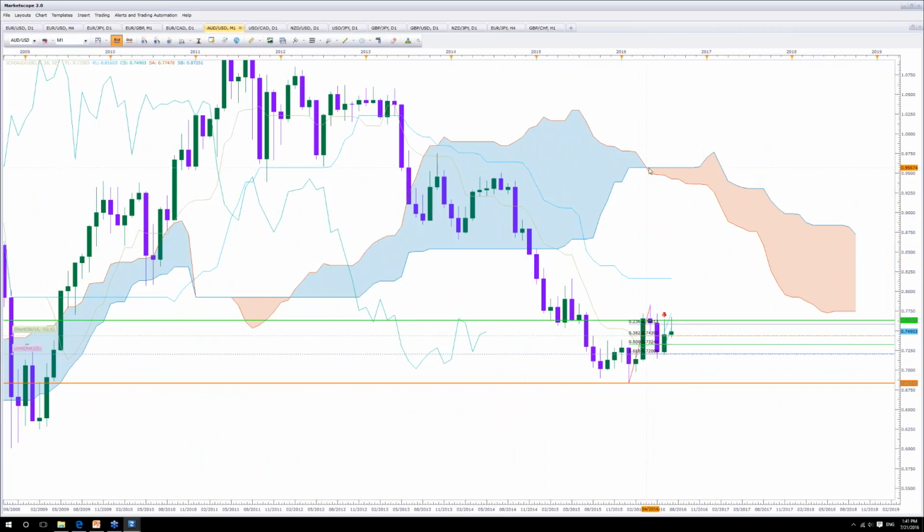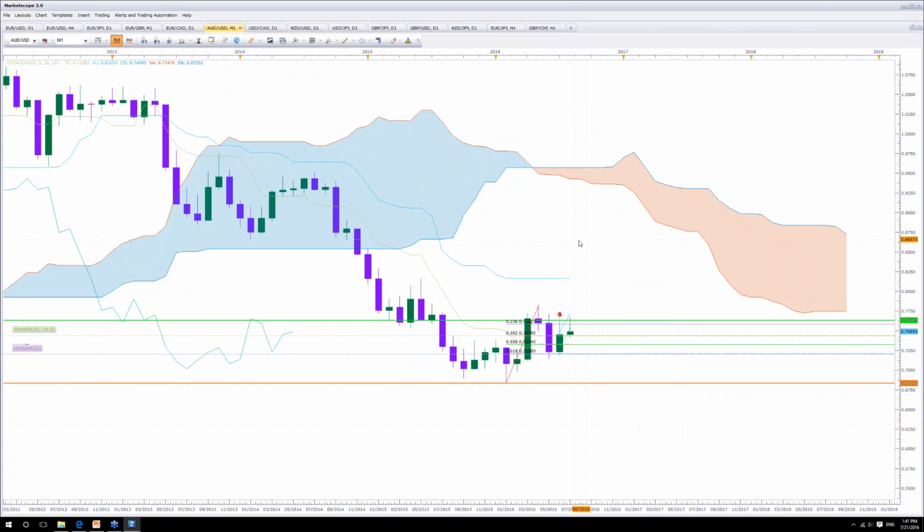But another thing to keep in mind is that the next cloud is very thick and pointing down. So the Aussie dollar is still under pressure, and for it to go to parity, for example over here, it has a long way to go.